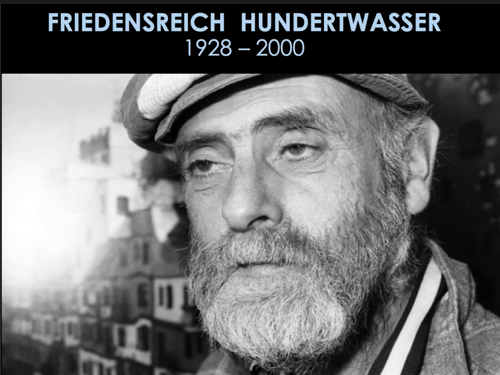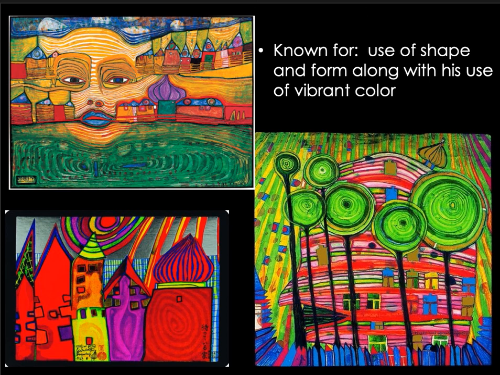And this is Frederick Hundertwasser, and he was an artist that worked with shape, but he also even worked with form. So I'll show you a little bit of his shape. Known for working with shapes, had a lot of bright colors in his art pieces, things that are considered more juvenile looking.